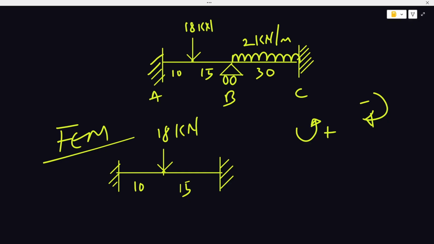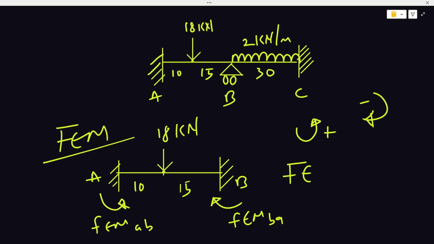So once again, in the convention for fixed end moment, if this is A and this is B, I have FEM AB and I have FEM BA. So FEM AB, because of the counterclockwise nature, would obviously be positive.